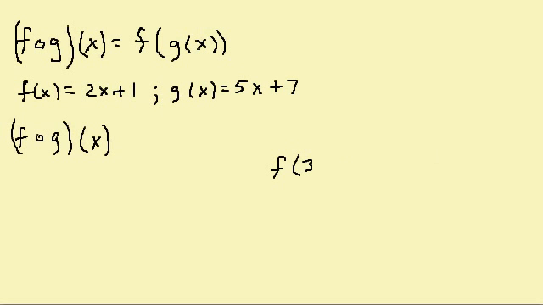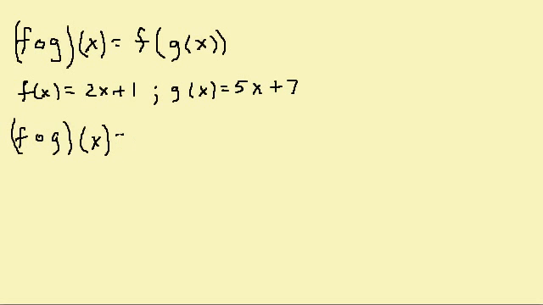at this example here. We have f of x is equal to 2x plus 1 and g of x is equal to 5x plus 7. So we want to find f circle g of x.